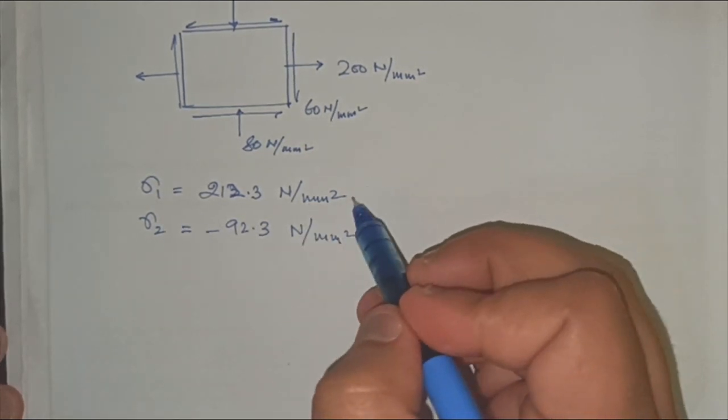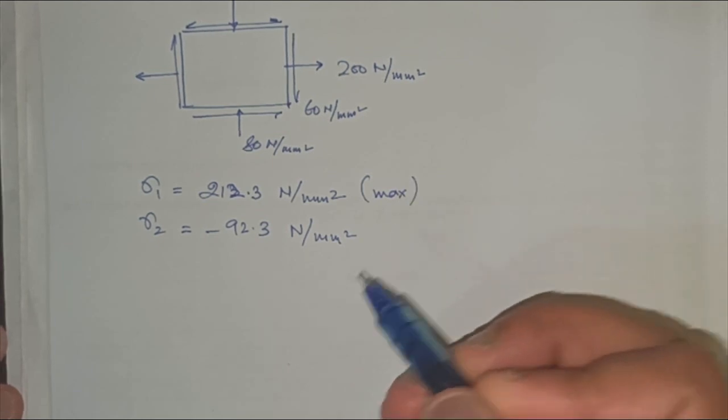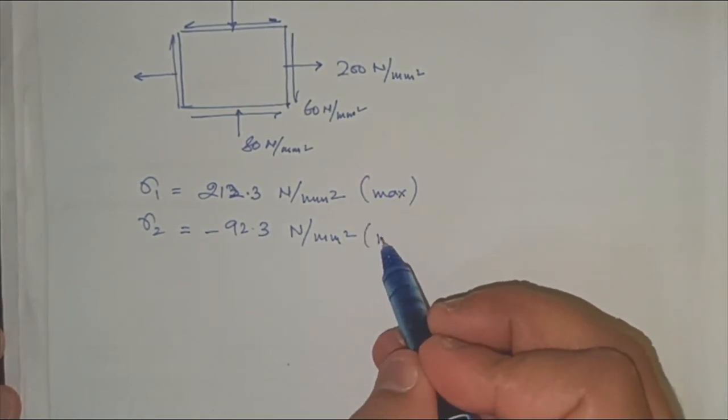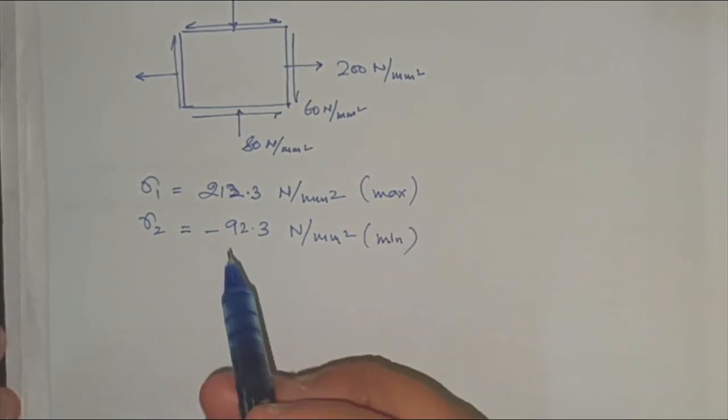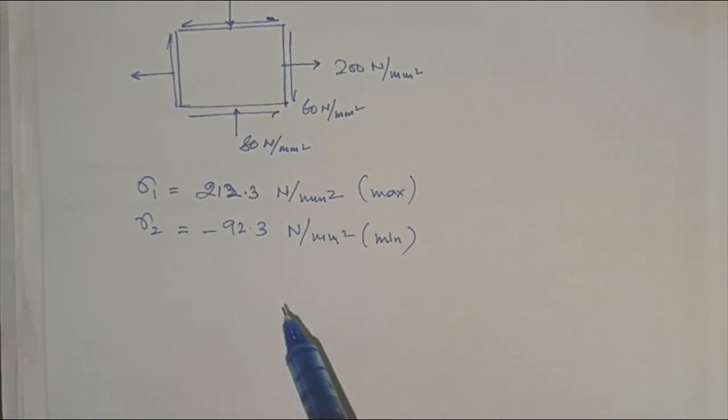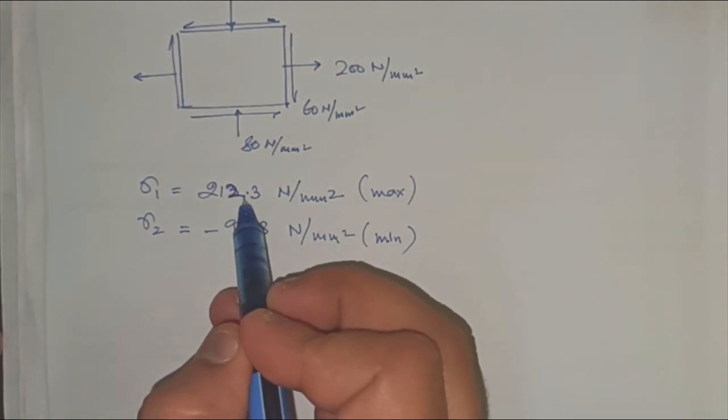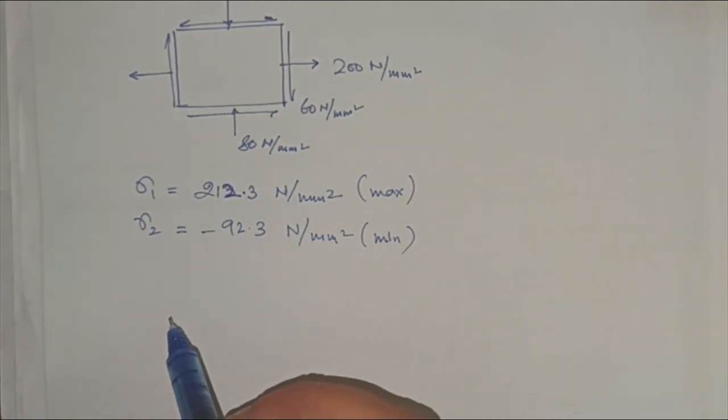So this will be called the maximum principal stress, and this is the minimum principal stress. You can just see these stresses and easily comment on them.